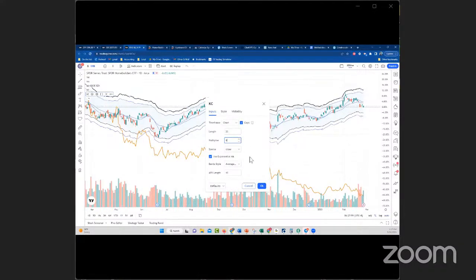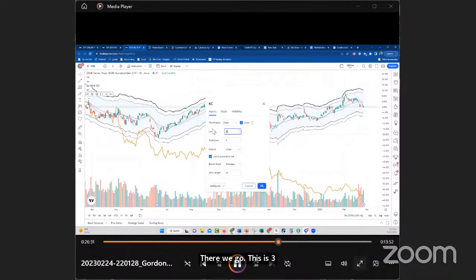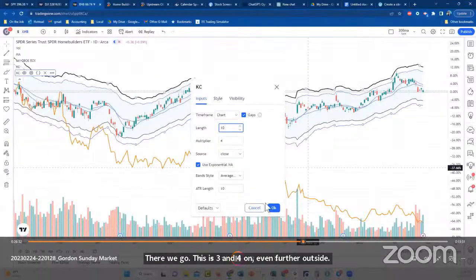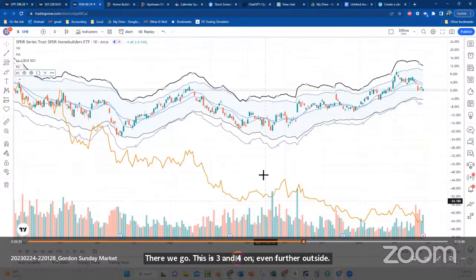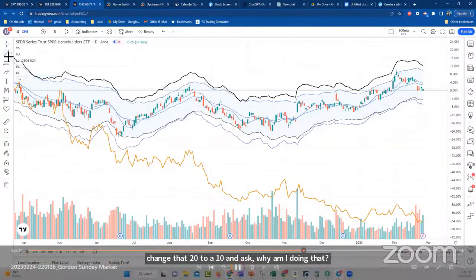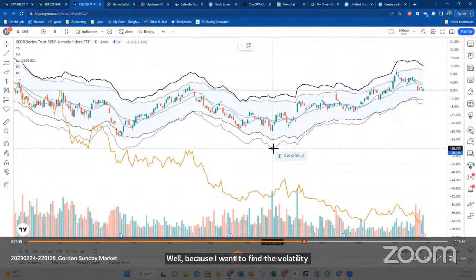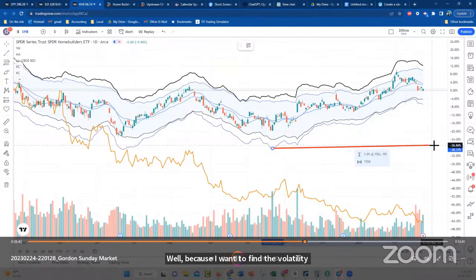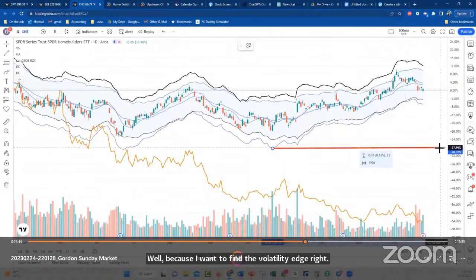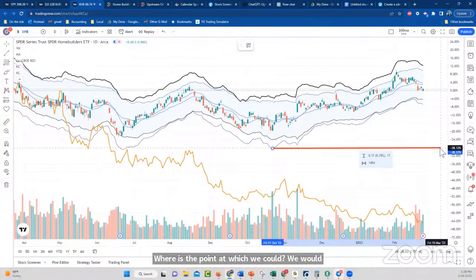This is 3 and 4 going even further outside. I'll change that 20 to a 10. You may ask, why am I doing that? Well, because I want to find the volatility edge, right? Where is the point at which we would ultimately see support based on volatility?